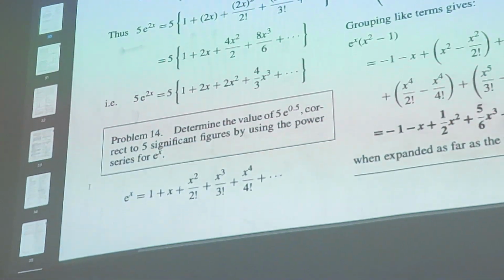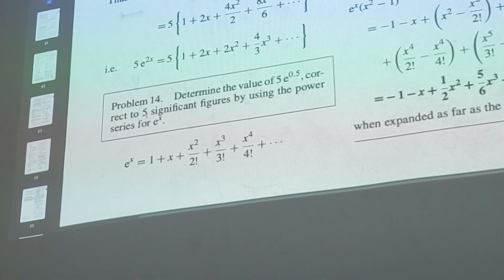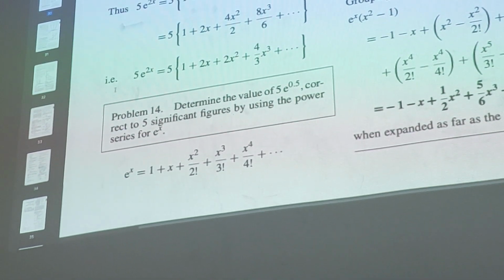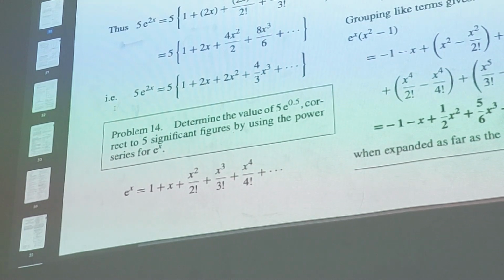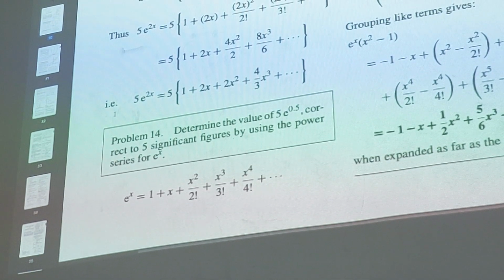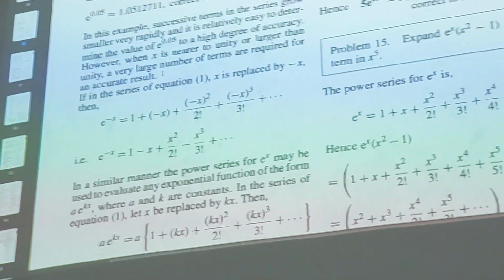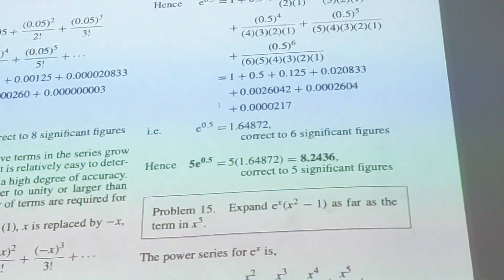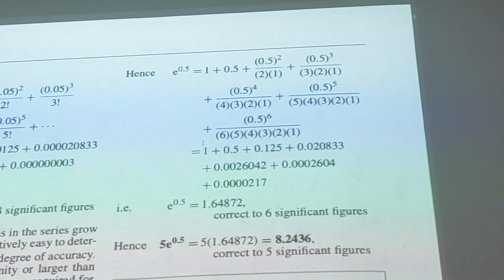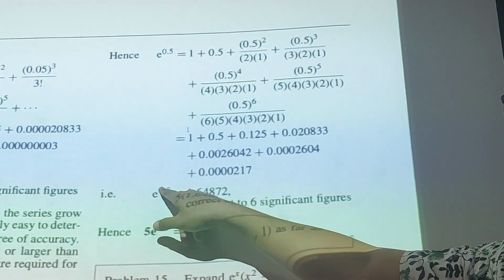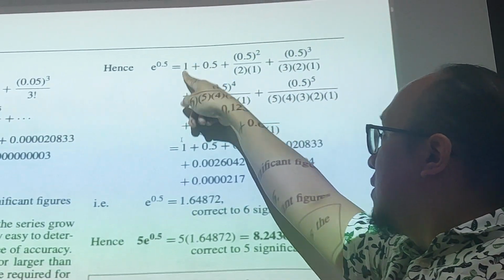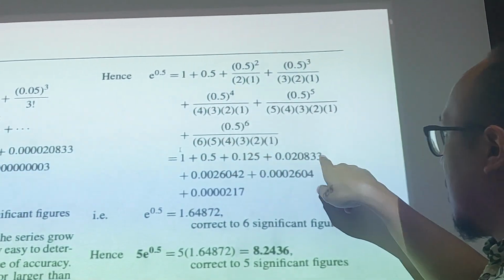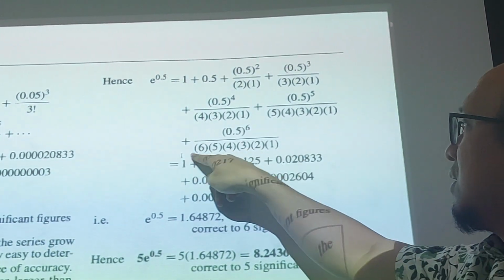For example, determine the value of 5 multiplied by e to the power of 0.5. We already have the value of e to the power of 0.5. This is the basic function.